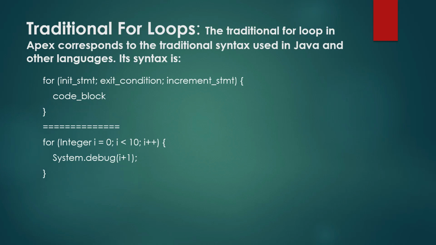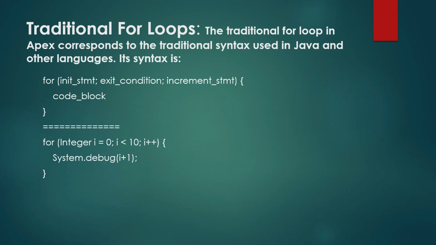Traditional for loop. The traditional for loop in Apex corresponds to the traditional syntax used in Java and other languages. Its syntax is this: for, then the initialization statement, exit condition, then increment statement, then the code block in curly braces. For integer i equals 0.